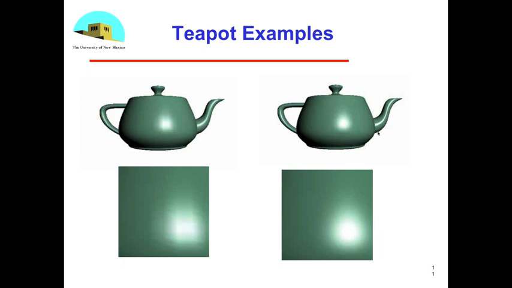Also, you can notice that along the spout here, and along the handle here, the highlight is going to be much narrower than it is over here when you're doing per vertex shading. So you should be able, depending on your objects and your resolution, to really notice that difference.